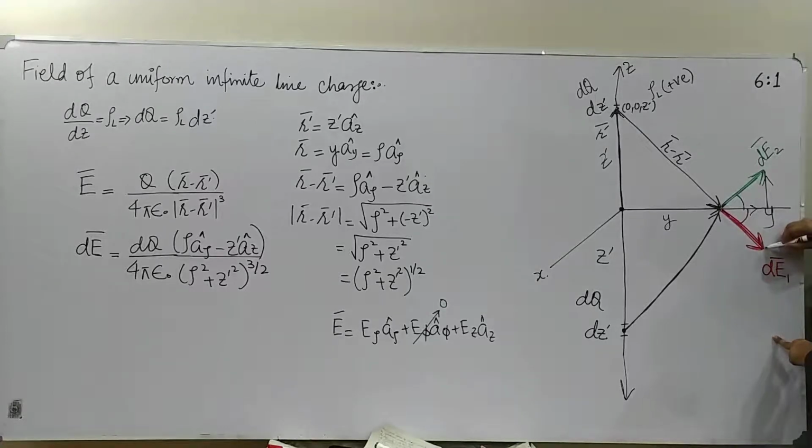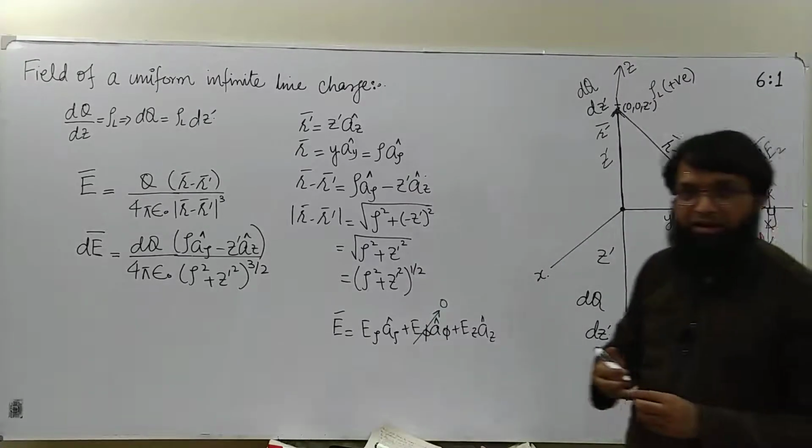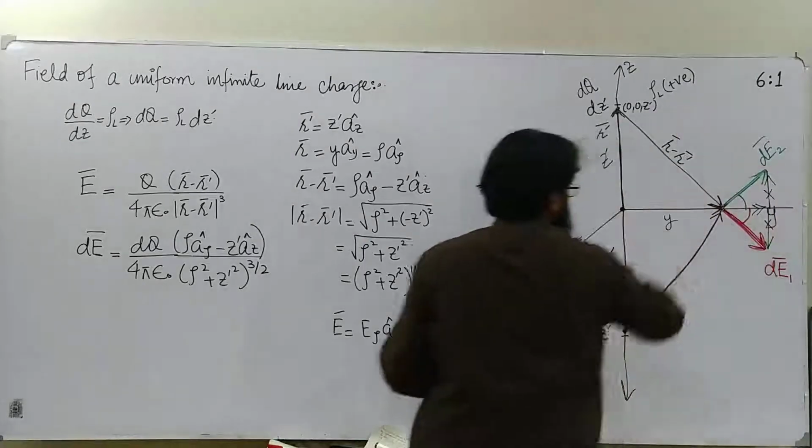Similarly, if I resolve this red arrow into its rectangular components, I'll get a vertical component and a horizontal component. All right, so the horizontal components will add up while the vertical components will cancel each other. So which component is the vertical component? This is obviously the z component.